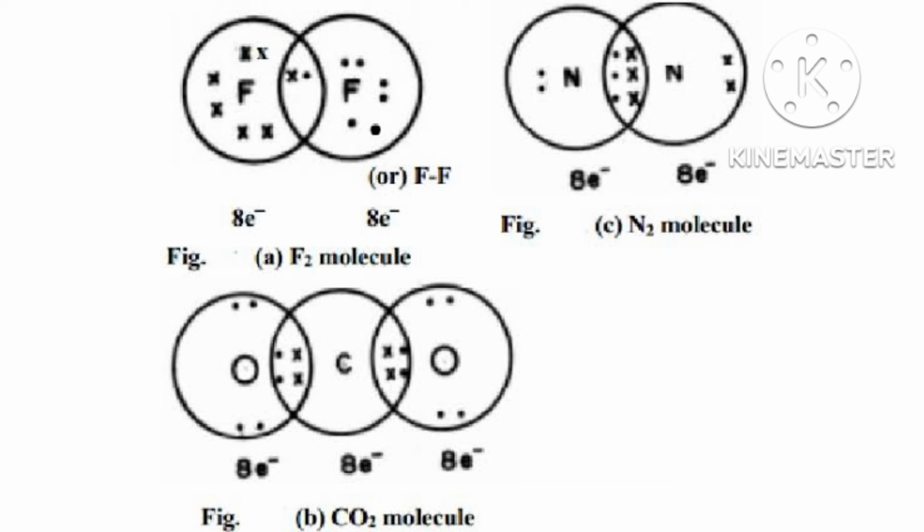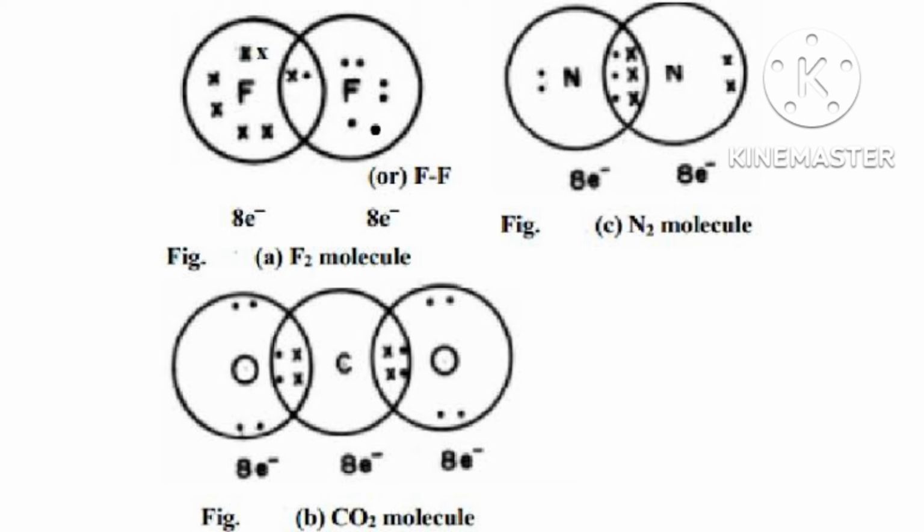This is the way to write the electronic configuration in shortcut. That means you have to write the closest noble gas electronic configuration according to the atomic number.